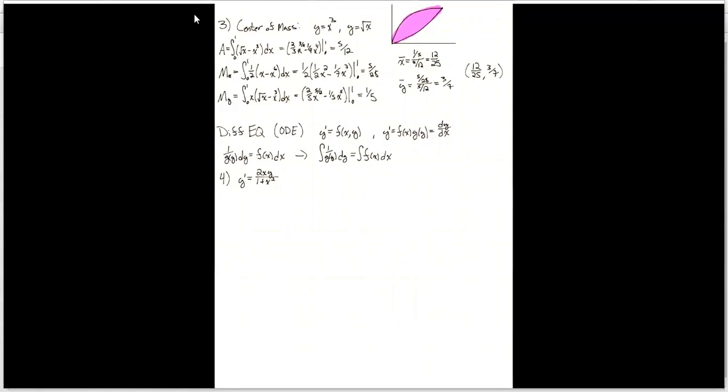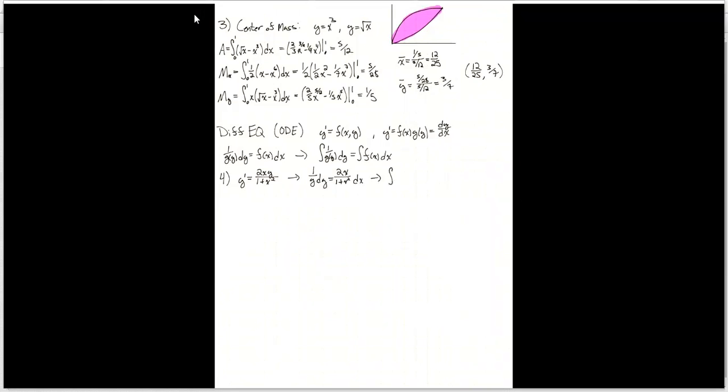So we can separate these two entities. Moving these around, we get 1 over y dy equal to 2x over 1 plus x squared dx. Now, again, it's begging to be integrated, so let's go ahead and do that.